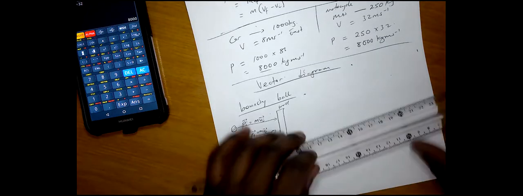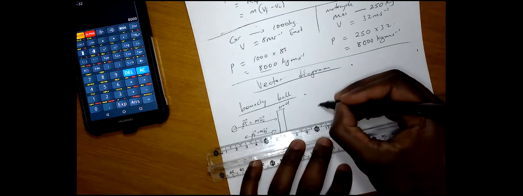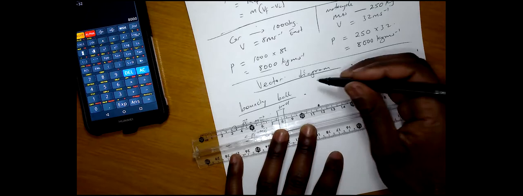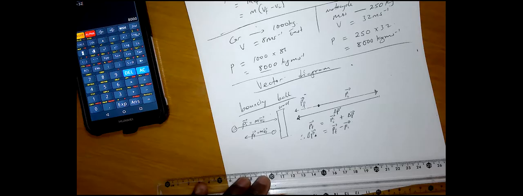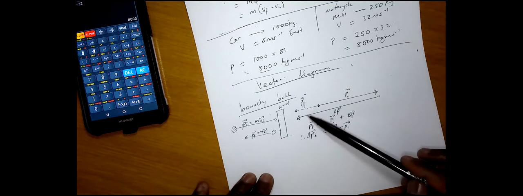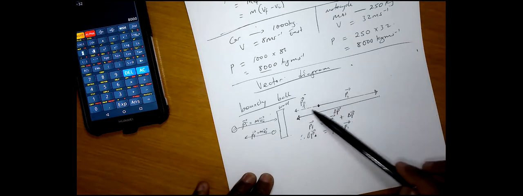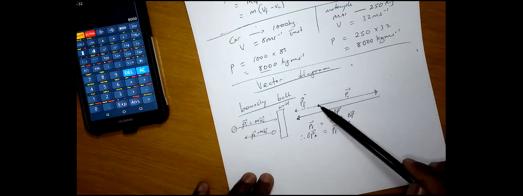So how do you represent that in terms of vectors? We have our vectors here, our P. Your P initial is towards the wall, but your P final is coming back now.